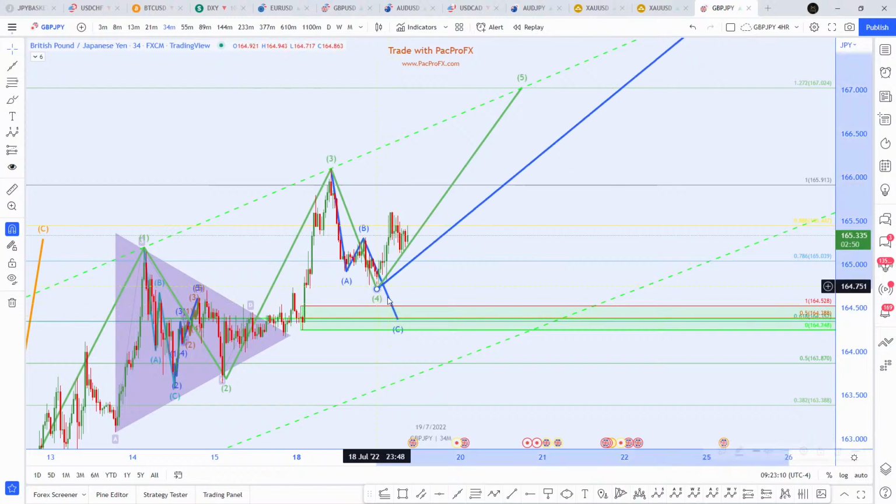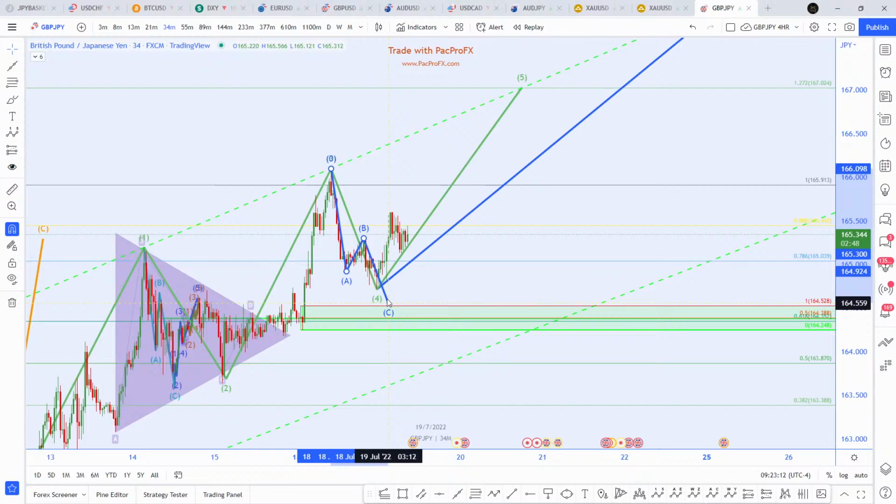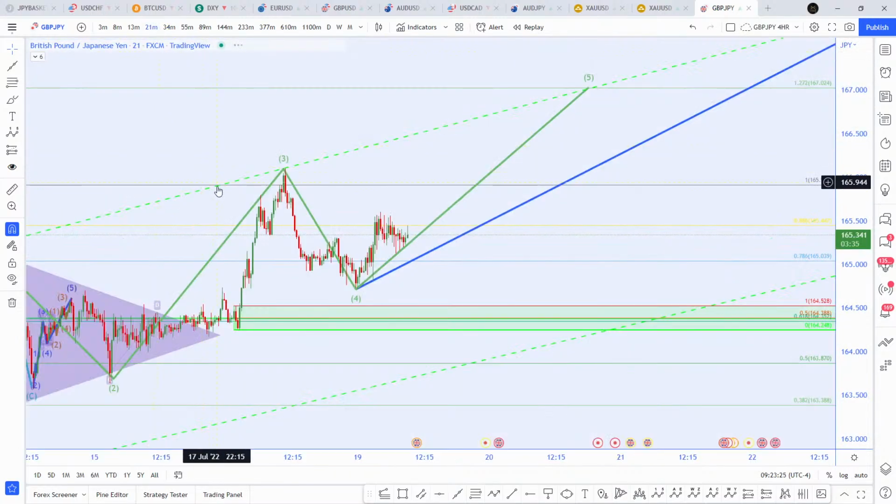So let's move this here. That's an ABC correction. Actually, this is a 5-wave correction. It's just you can't see it. You've got to go to a smaller time frame, and you'll see it.